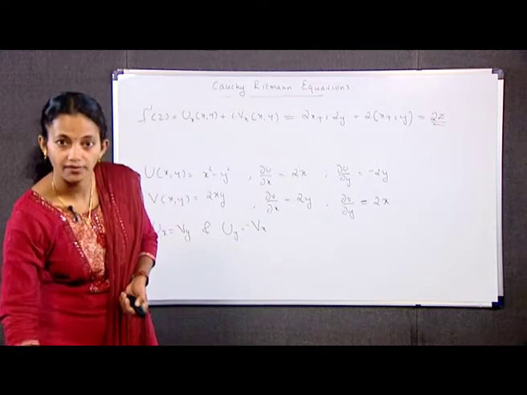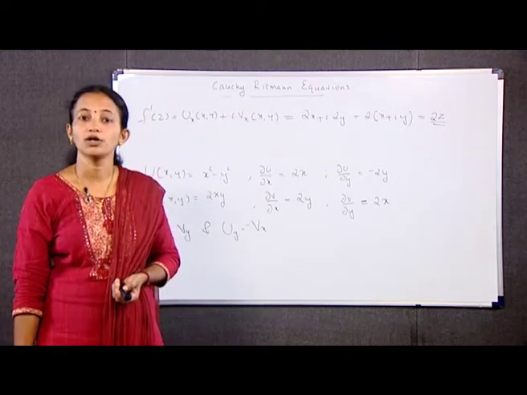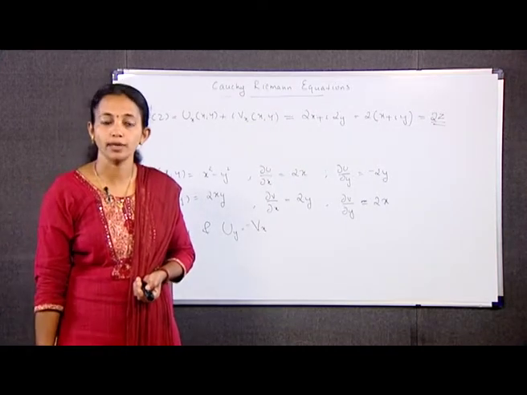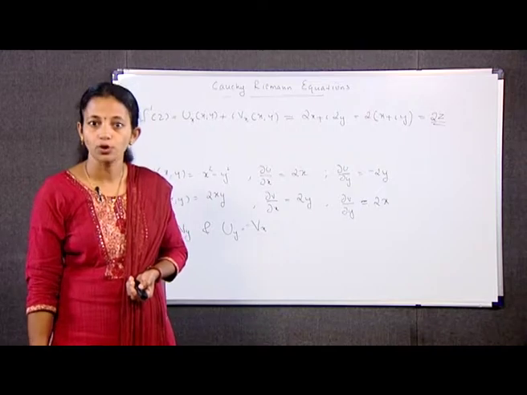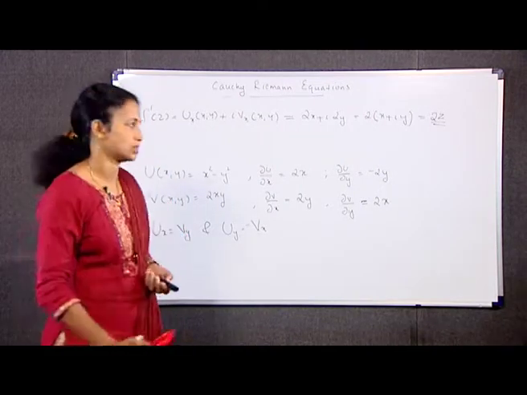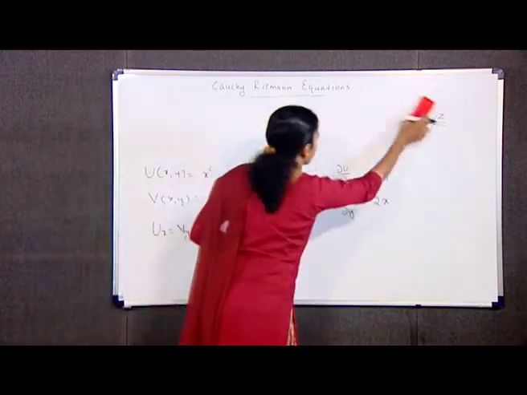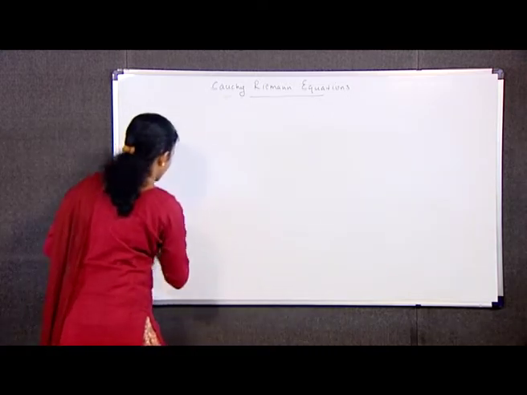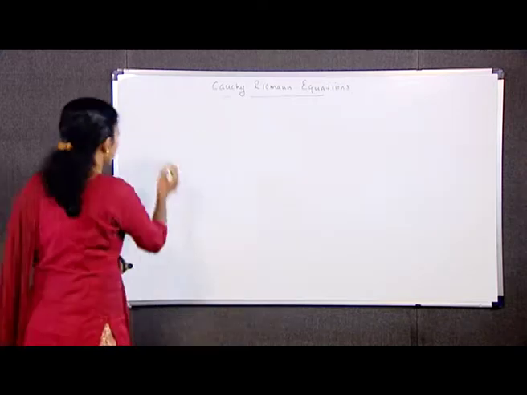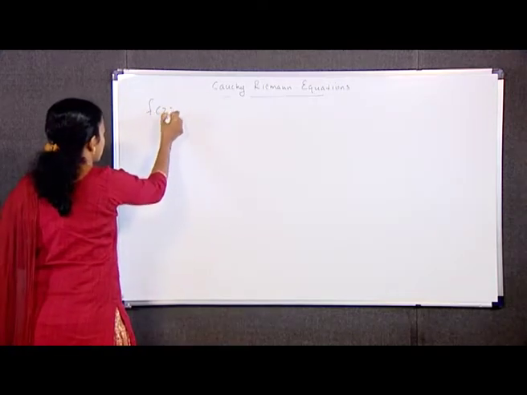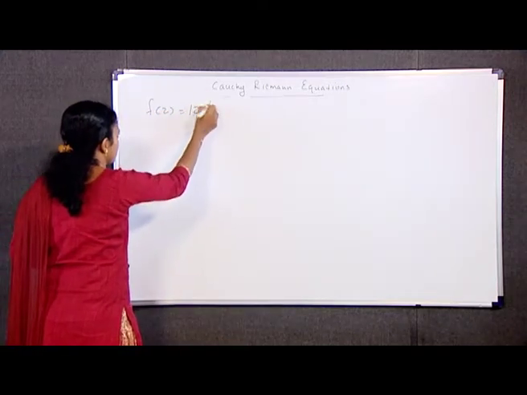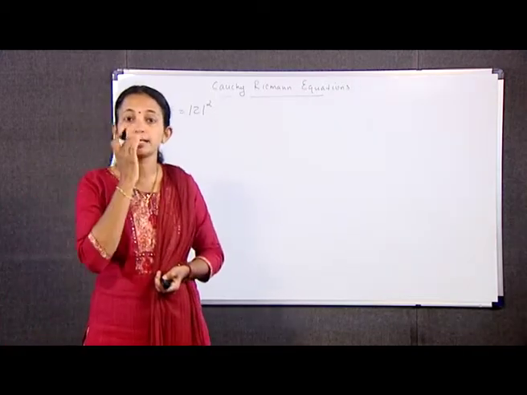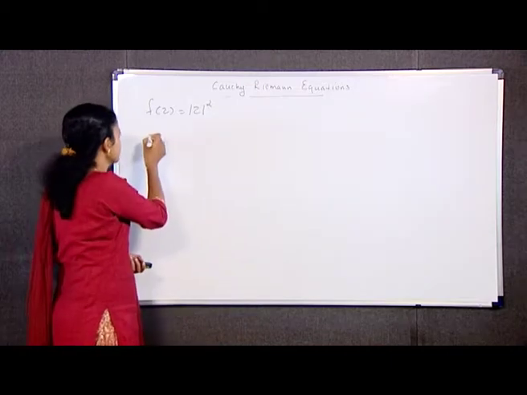So, next we have an example to discuss the non-differentiability of the function f(z) = |z|² at z not equal to 0 using Cauchy-Riemann equations. That is f(z) = |z|², taking z = x + iy.